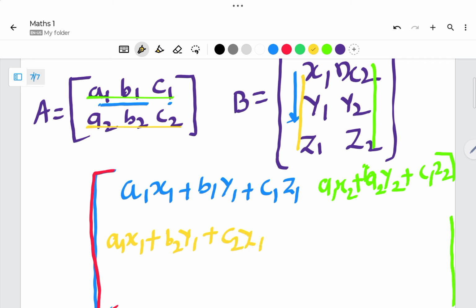Similarly, if I want to write the fourth element, again I take this row and this column: a2 x2 plus b2 y2 plus c2 z2.